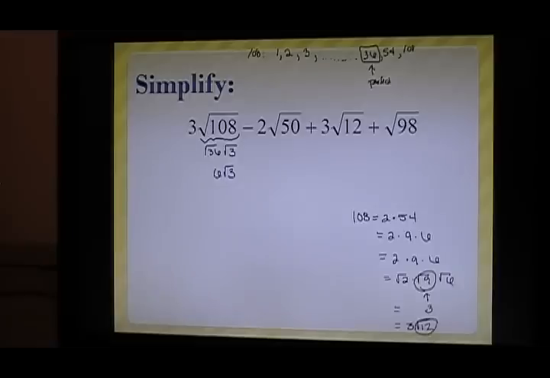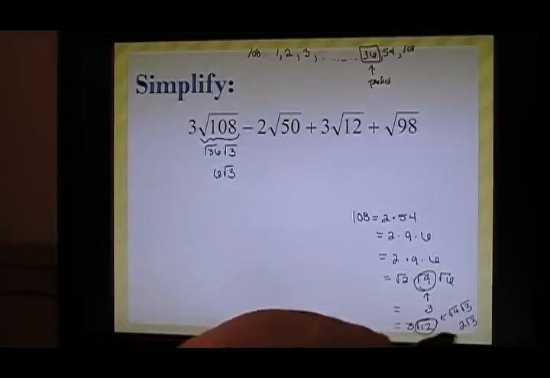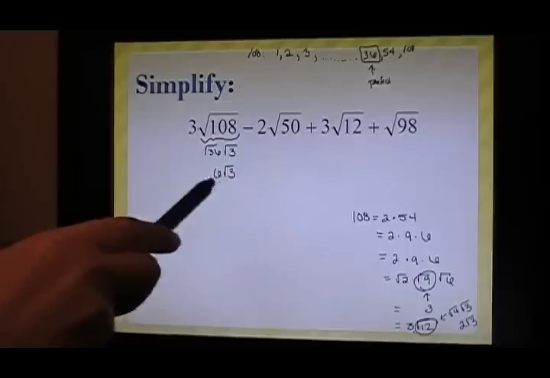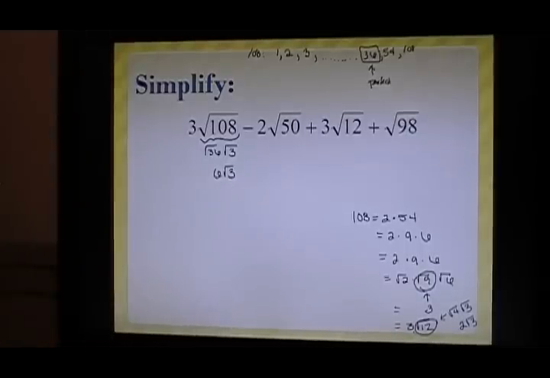So when I have my square root of 12, I can break that into 4 times 3, and the square root of 4 is 2. And so now I have the 3 times 2 root 3, which is my 6 root 3 up here.